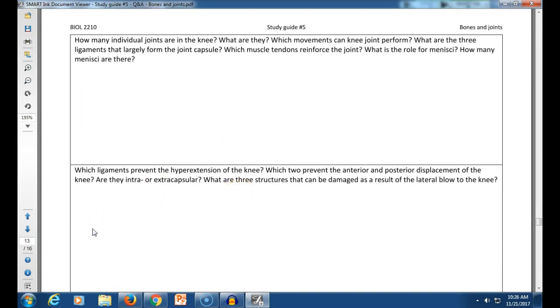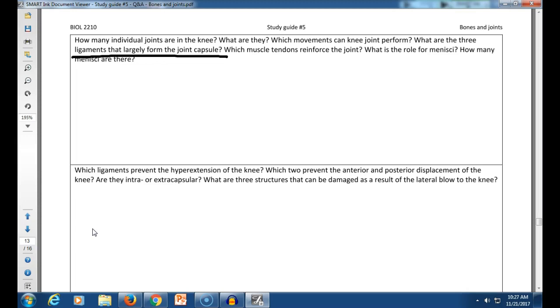How many joints are in the knee? There are three major joints, right? Medial and lateral tibiofemoral and patellofemoral joints. Movements: flexion and extension, and a little bit of rotation. Three ligaments that largely form the joint capsule: you have the patellar ligament, you have the patellar retinacula.